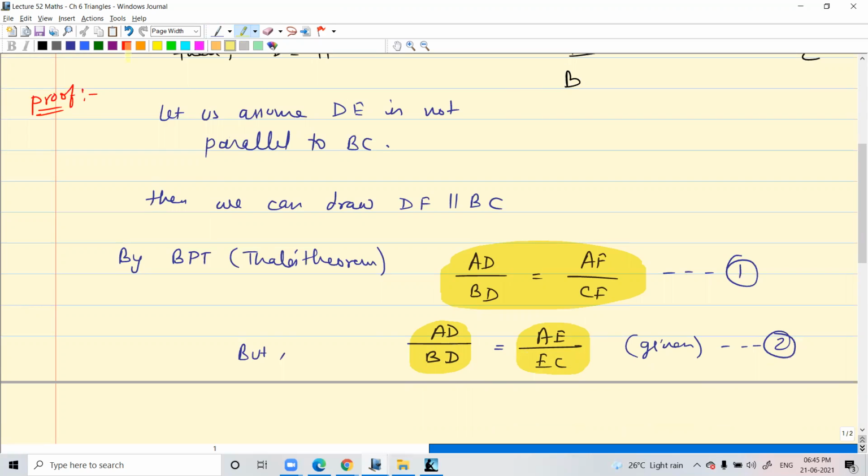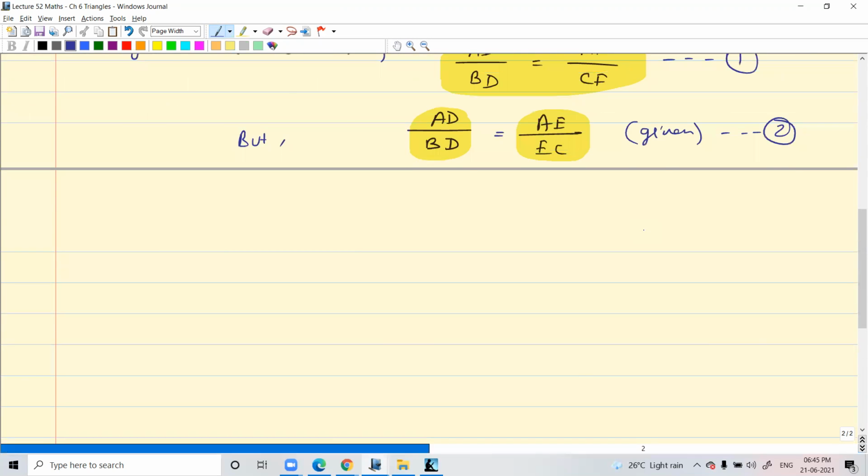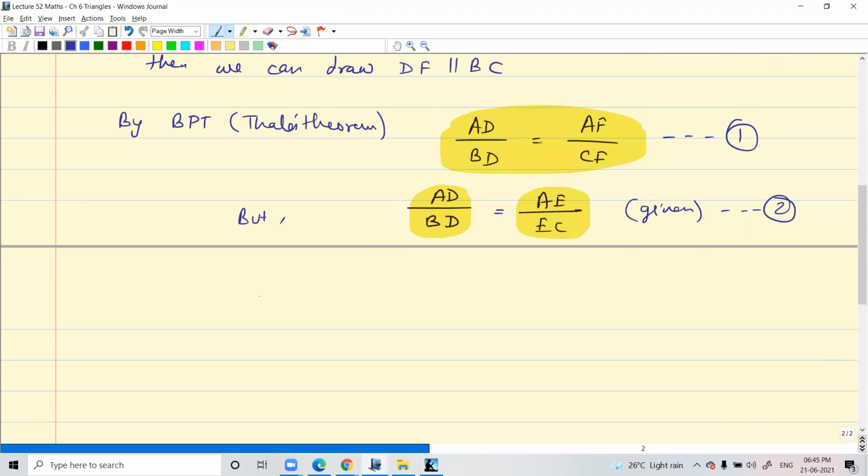So from 1 and 2, we should be able to write AF by CF is equal to AE by EC. That should happen.